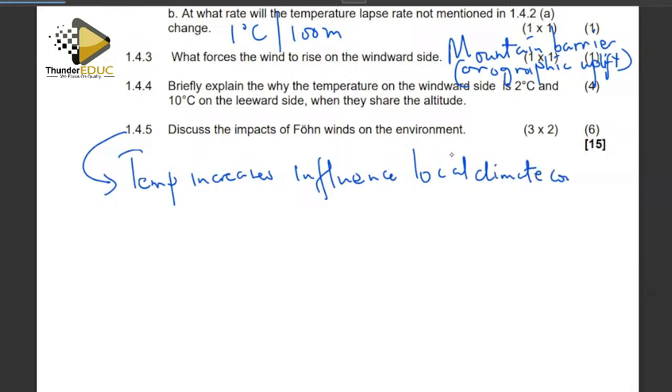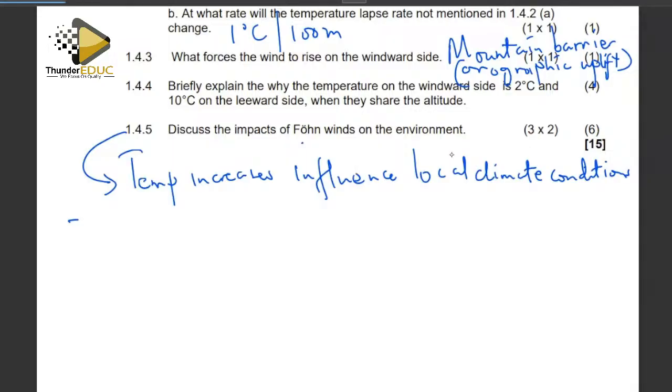The climatic conditions are going to be affected by the rising temperatures because this air is hot. So it's going to cause rises in temperatures in the areas of effect. And as a result, we are going to experience higher temperatures in those areas, which gives us a negative implication on the environment.